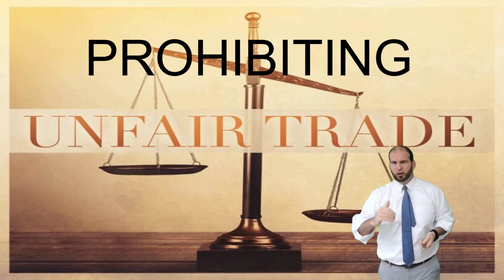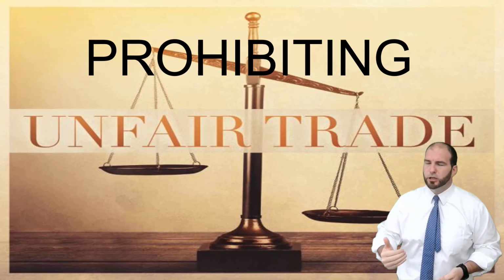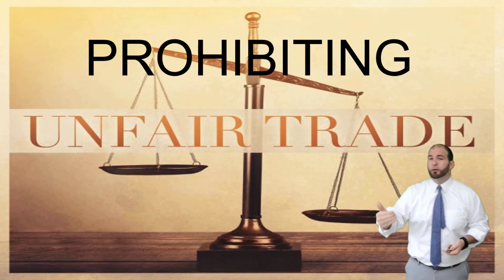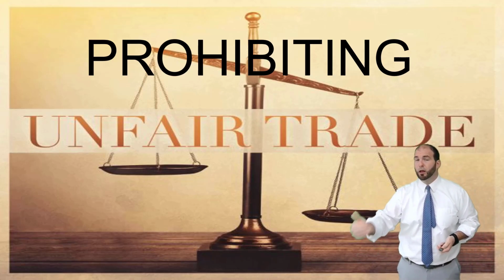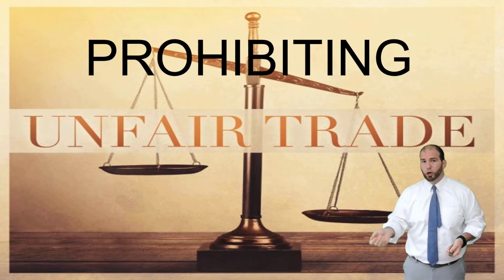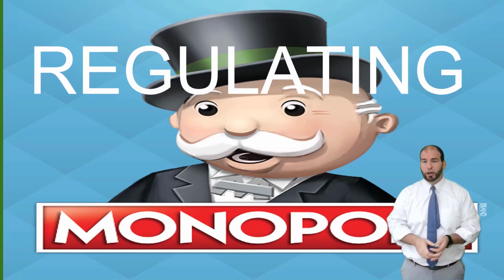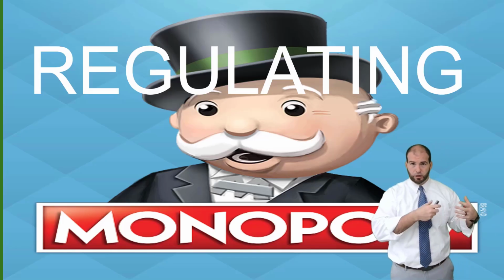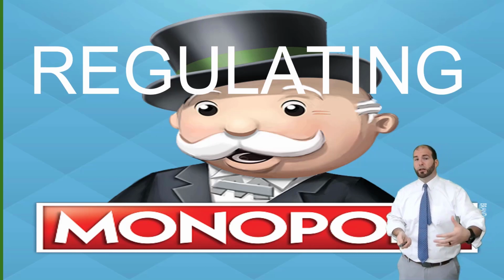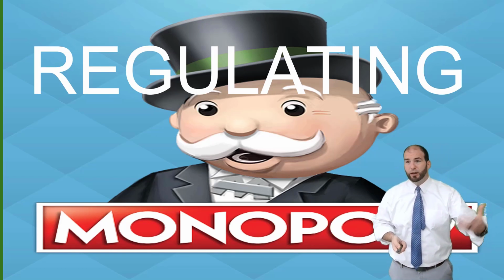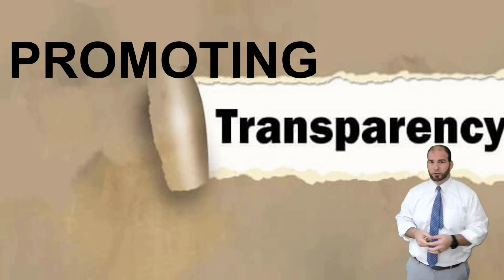Because unfair trade ends up negatively impacting not only other businesses, all right, that can't compete, but it also ends up hurting the consumers. Because on top of prohibiting unfair trade, these companies and these government entities are also supposed to regulate monopolies, and they're also supposed to promote transparency.